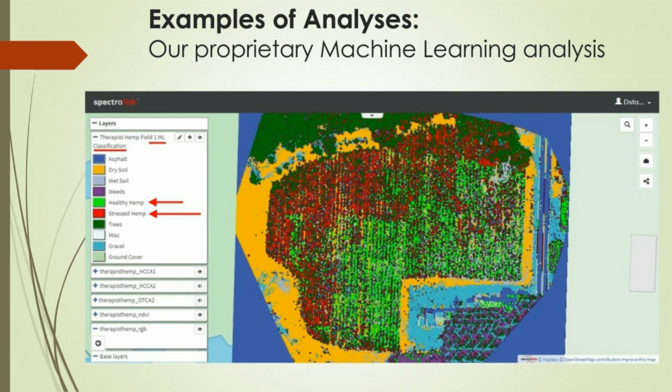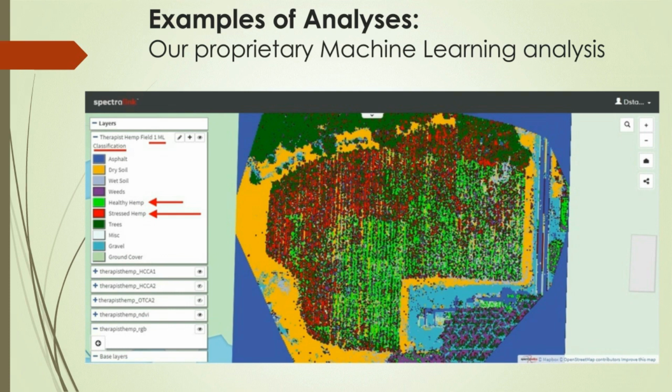So this is that same field analyzed with machine learning, and we colored the results here with red being bad and green being good. You can see the extent of the field that needs attention as compared to the extent of the field that doesn't need attention. This is a machine learning analysis.